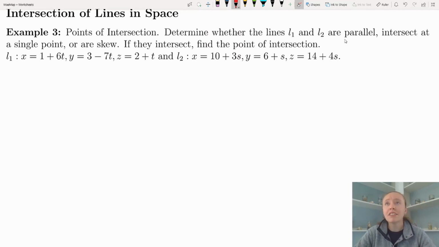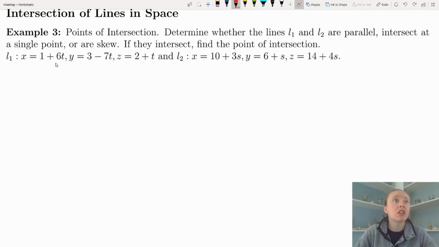So remember, if 2 lines are parallel, they're going to be heading that same direction. They're going to have their a, b's, and c's for that vector v, that direction vector, be scalar multiples of each other.